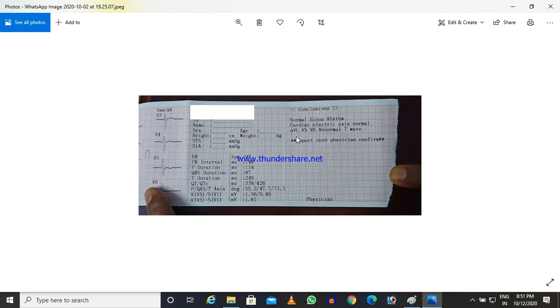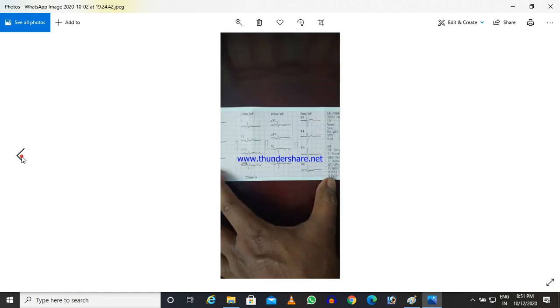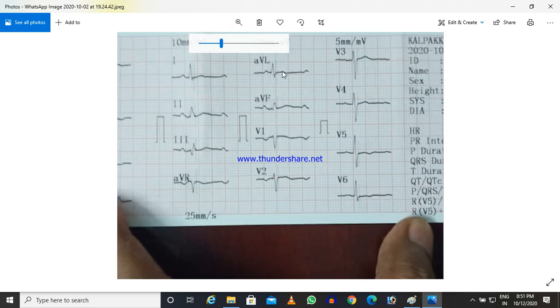Here you see the AVL, V5 and V6, there are abnormal T waves. So now we will go to first AVL, V5 and V6. So this is your AVL. Let us enlarge it. You see, in AVL, the T wave is flat in nature.